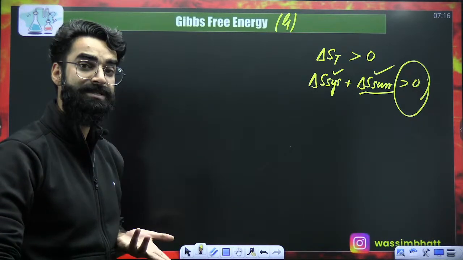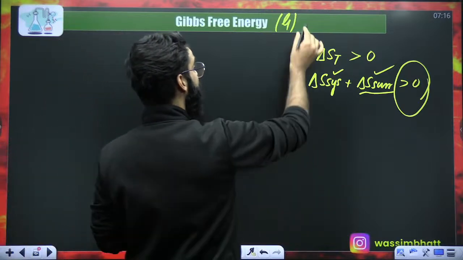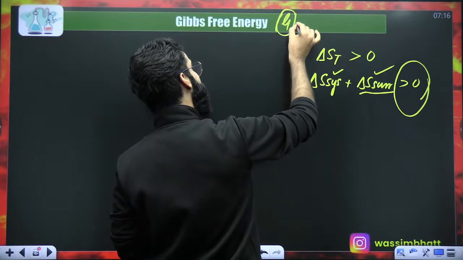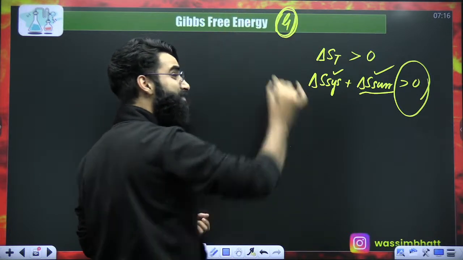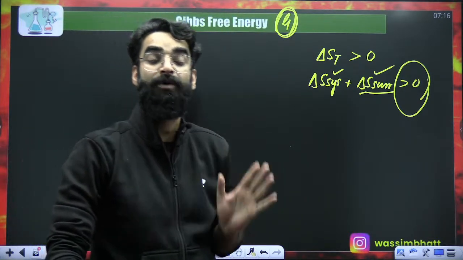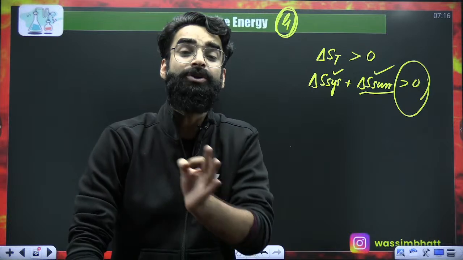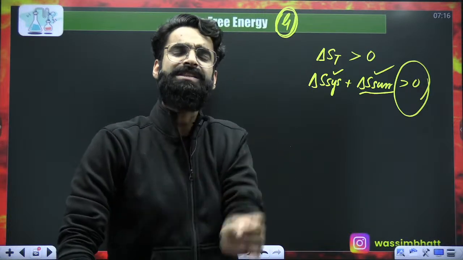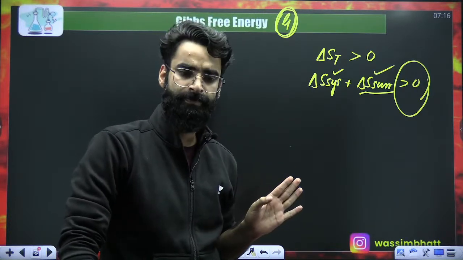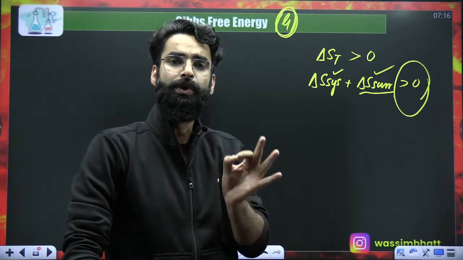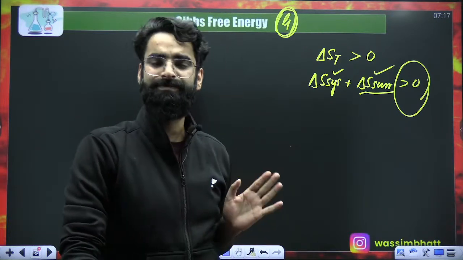But my dear students, if I keep Gibbs free energy as the criterion for spontaneity, you have nothing to do with the surroundings. You just have to do the calculations related to the system.